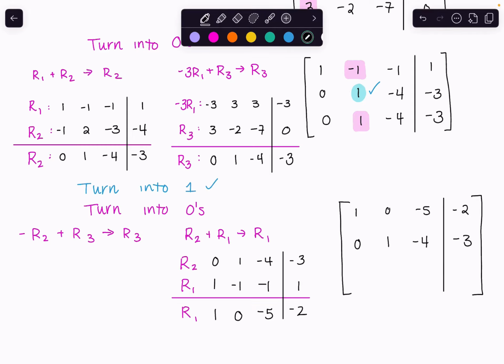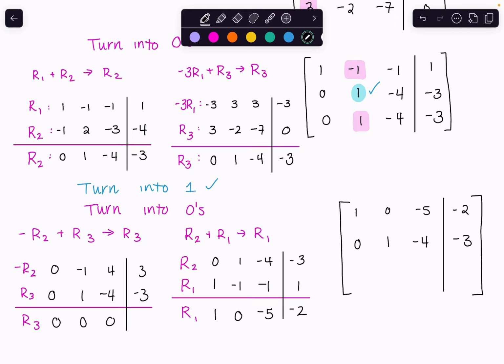Now going through this one, we want negative row 2 plus row 3 becomes my new row 3. So negative row 2 turns this to, sorry, I keep forgetting my 0 at the beginning, 0, -1, 4, 3. And then row 3 is 0, 1, -4, -3.